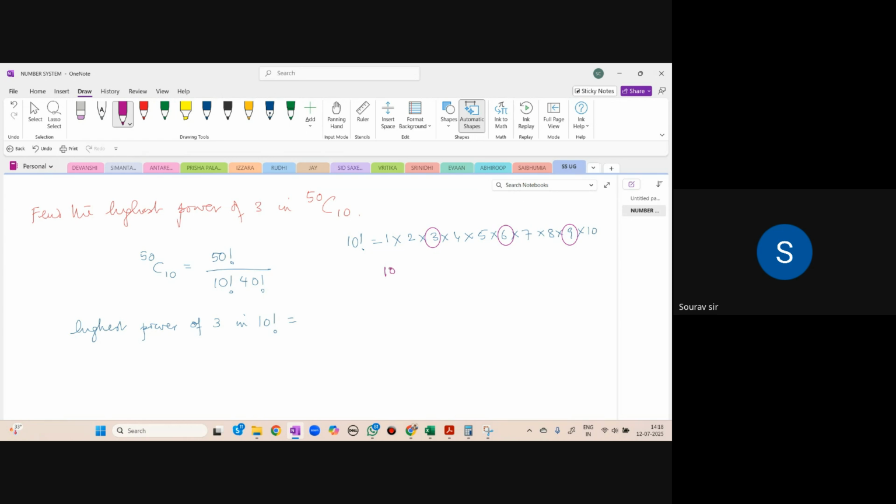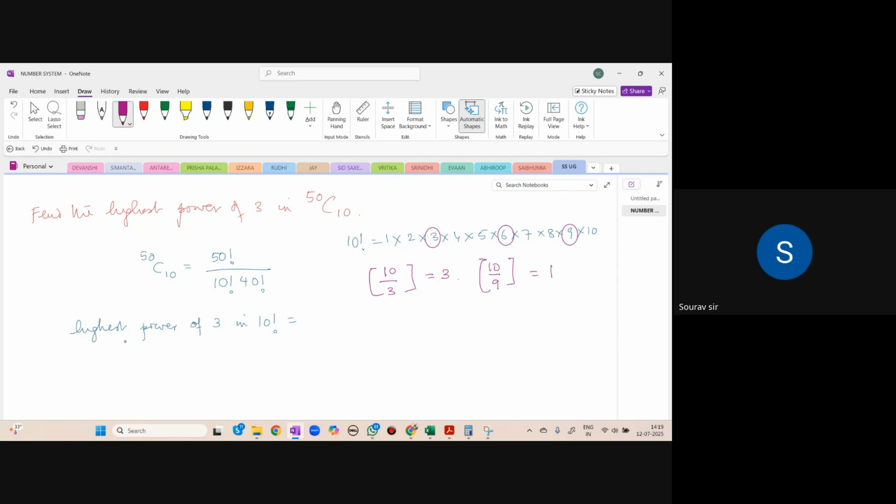So I calculate this like this. 10 by 3 box. Now 10 by 3 box means you divide 10 with 3 and take the integer part. So this is 3. Now you divide 10 by 9. So you take the integer part, which is 1. Right?